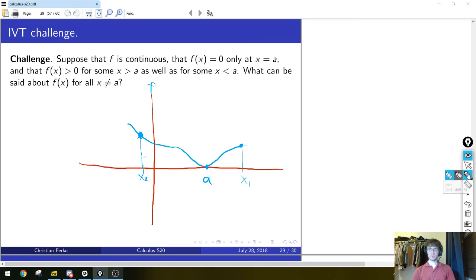So I won't ask you to prove it, but what do you think intuitively? What can we say about f at all points? Is there something more general we can say besides these assumptions?